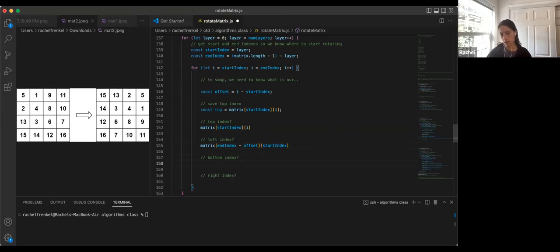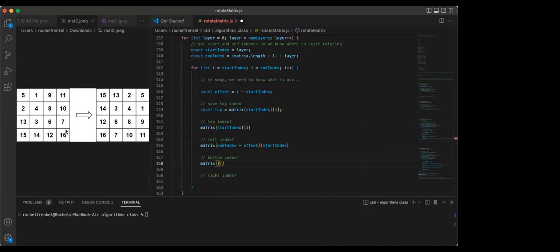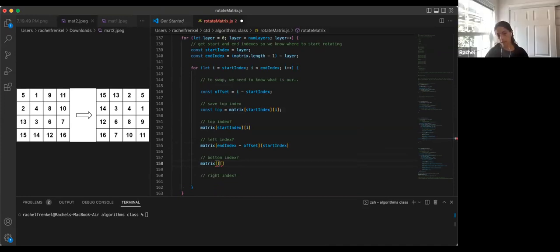Great. Okay, how about the bottom? So we're here, and then going here, and then here, and then here. Here, what's staying the same, the row or the column? Start index or end index. It is end index, yeah, because the row is staying the same.